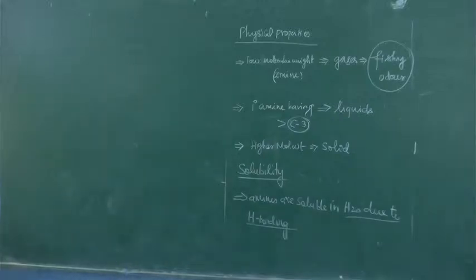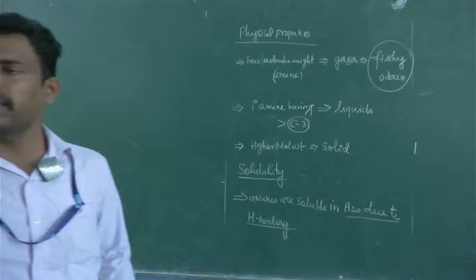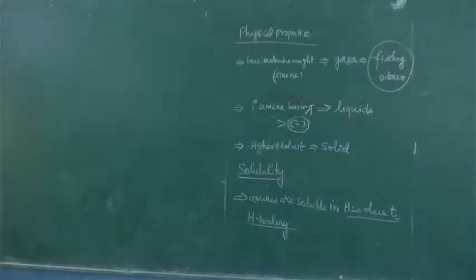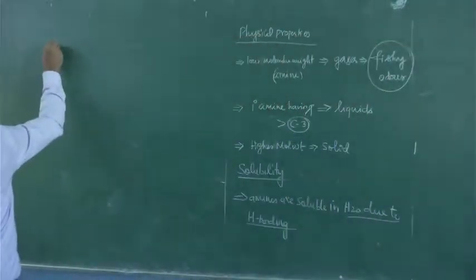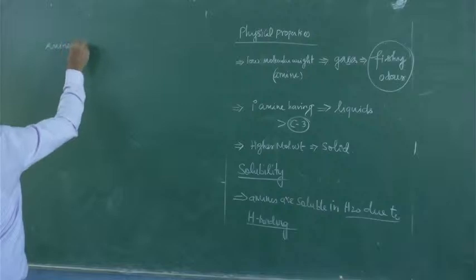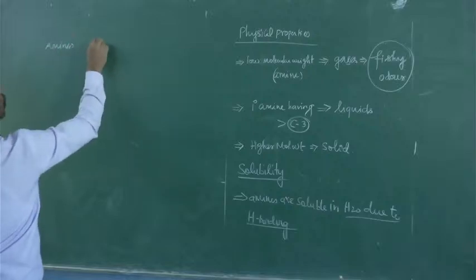You take the same molecular weight of alcohol and of amines and check their solubility in water. Which one is going to be more soluble? The answer is going to be polarity. Among amines and alcohol, is it clear?